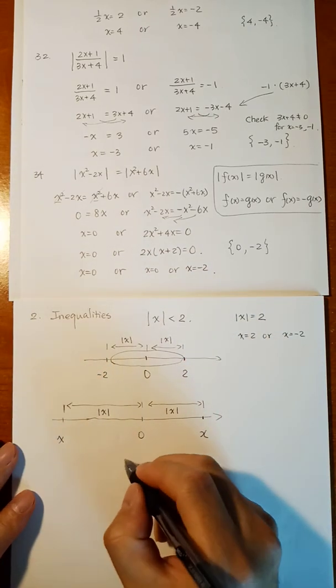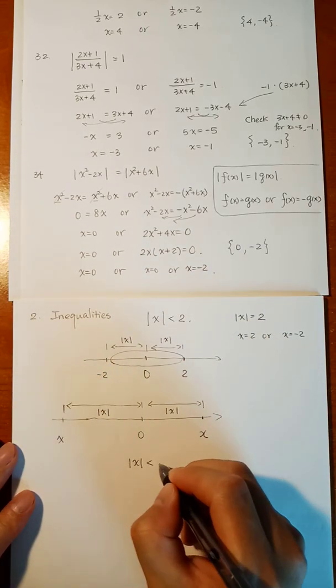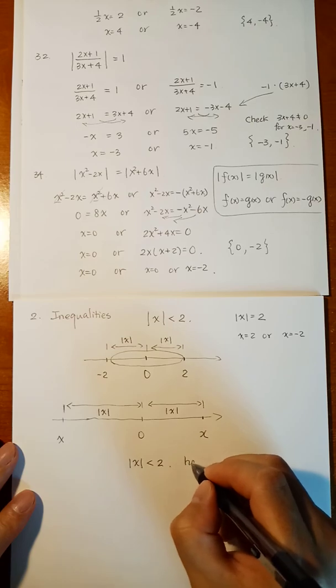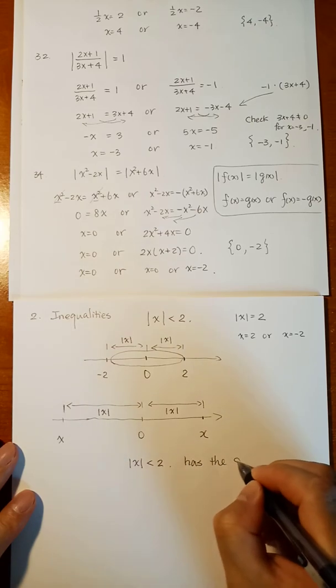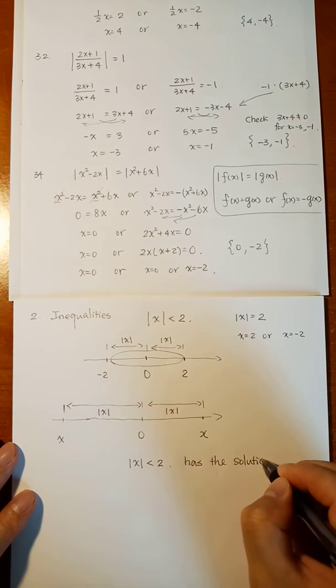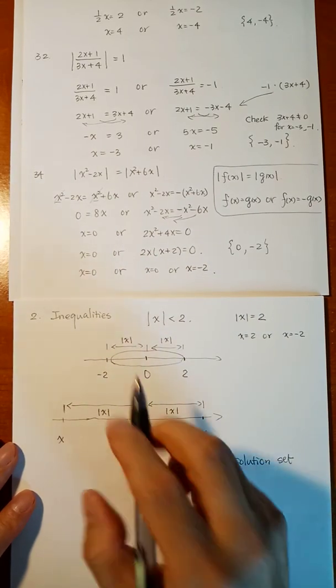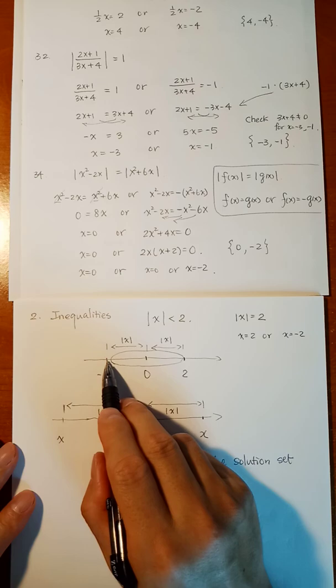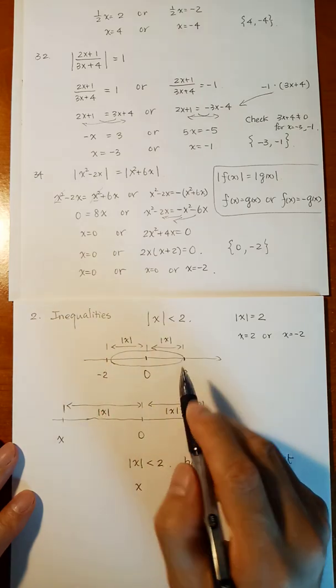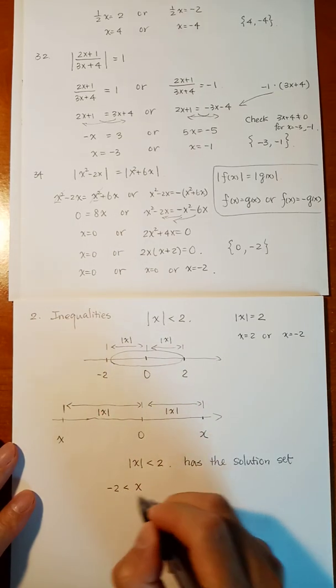So the absolute value of x less than 2 has the solution set: x should be bigger than -2 but less than +2.